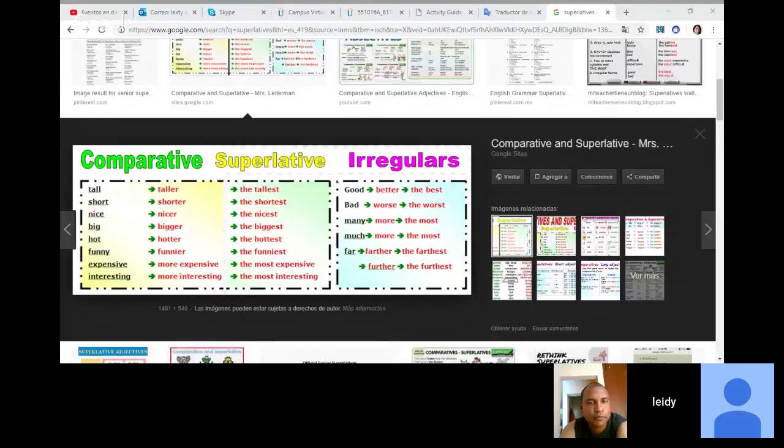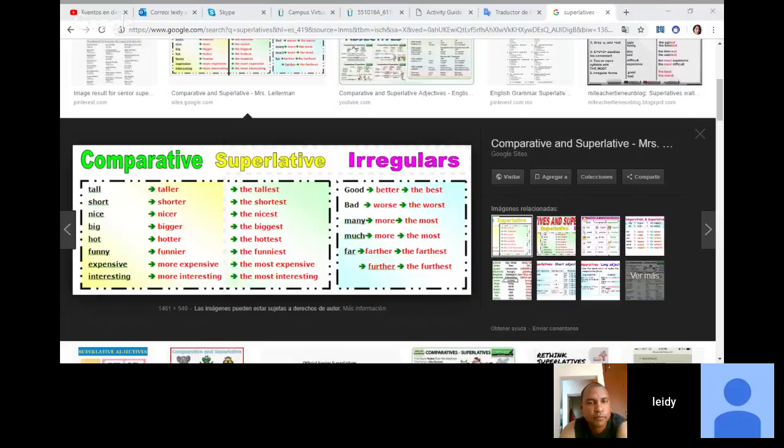Big, you repeat the last consonant and later you write E and R. Hot, you repeat the consonant again and you write E and R. For example, the sun is hotter than the moon. Yes?